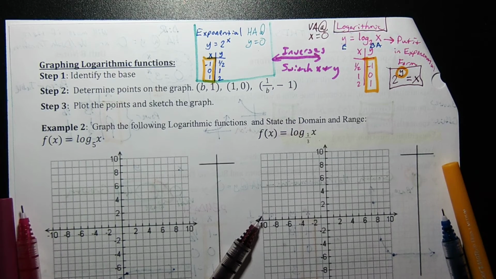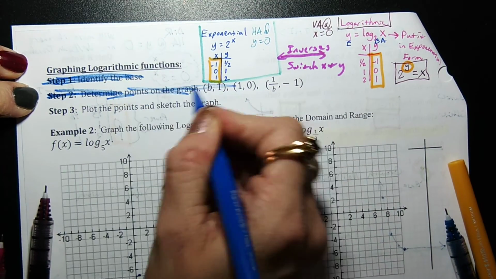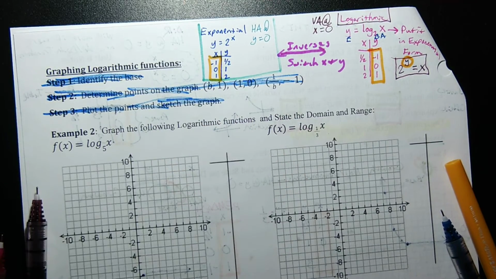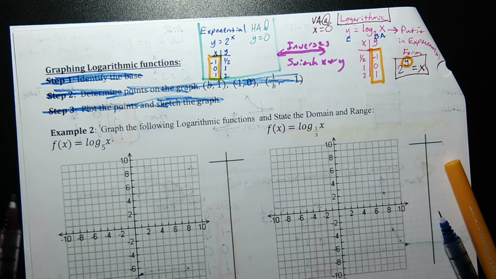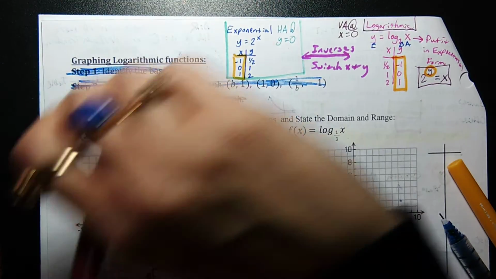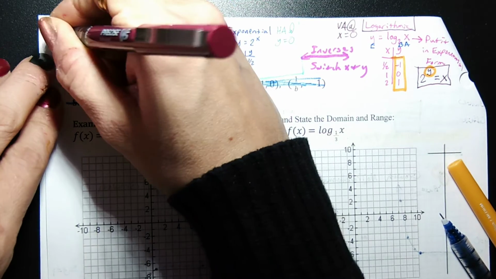So these steps that are written, we're not going to use those ones. You can cross them off as much as you please. And instead, we are going to do the following steps. Step 1, to graph logs.